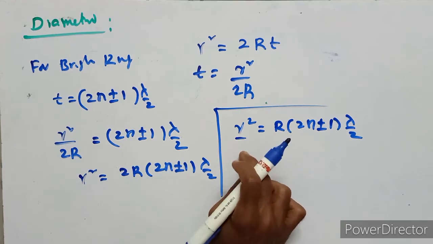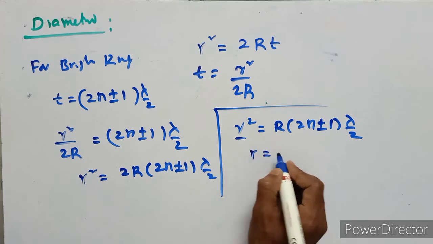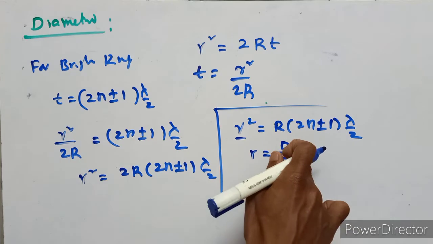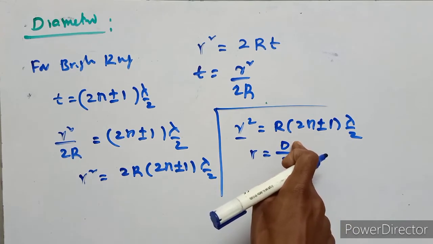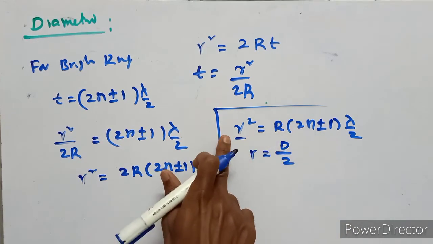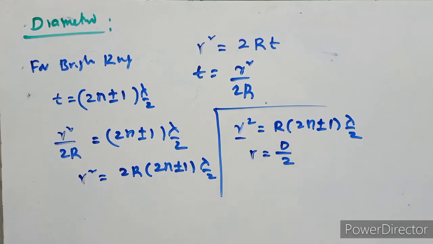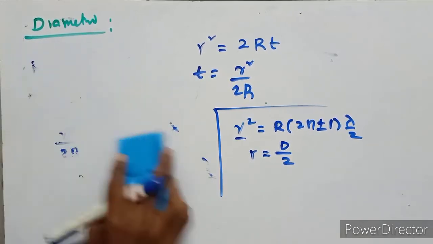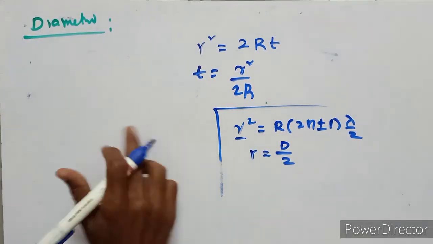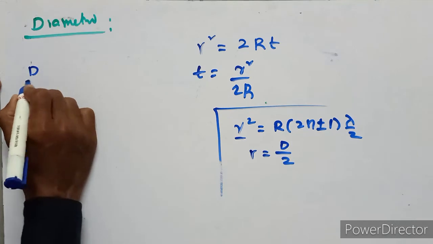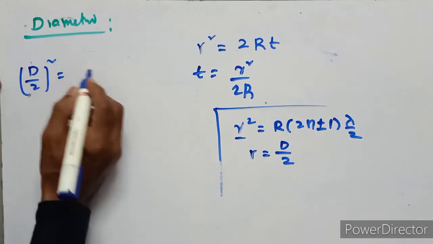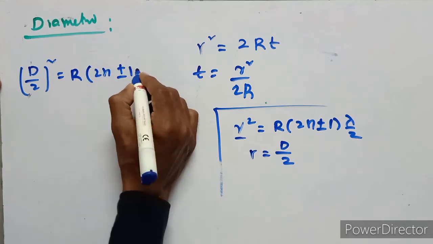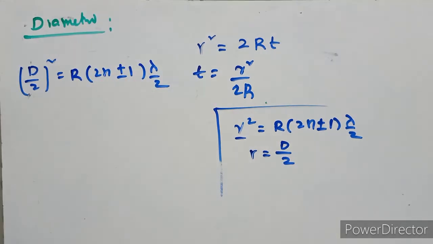If r is the radius of the ring, then r is equal to D upon 2, where D is the diameter of the ring. So in place of r, we substitute D upon 2. Then r square is equal to (D upon 2) whole square, equal to R (2n minus 1) lambda upon 2.